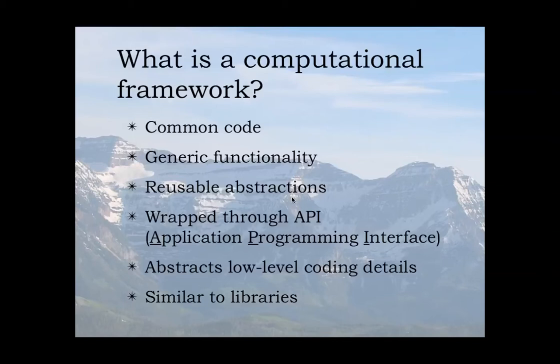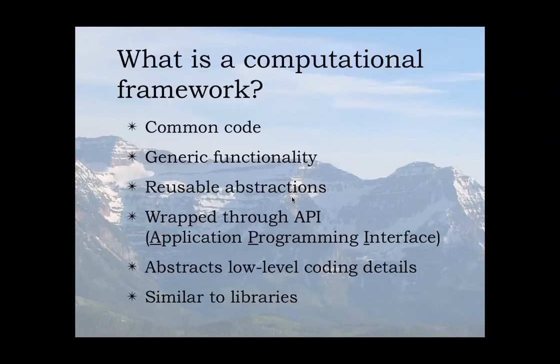There's also generic functionality. Any component that's built into this framework is going to need to save data to a disk, or run on multiple processors, or create common things like grids and variables. The framework provides this common functionality, with functions for people building components that are common to a lot of different applications.